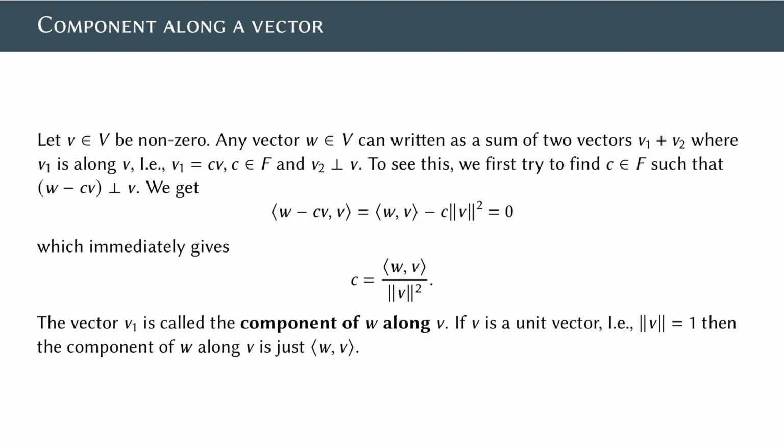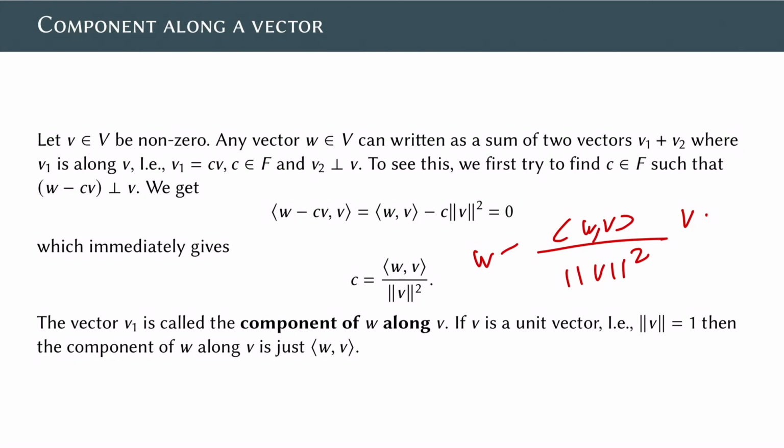In other words, the component of w along v is nothing but cv, which is inner product wv by norm v squared times v. This is the component of w along v. And the component perpendicular to v is just w minus this.